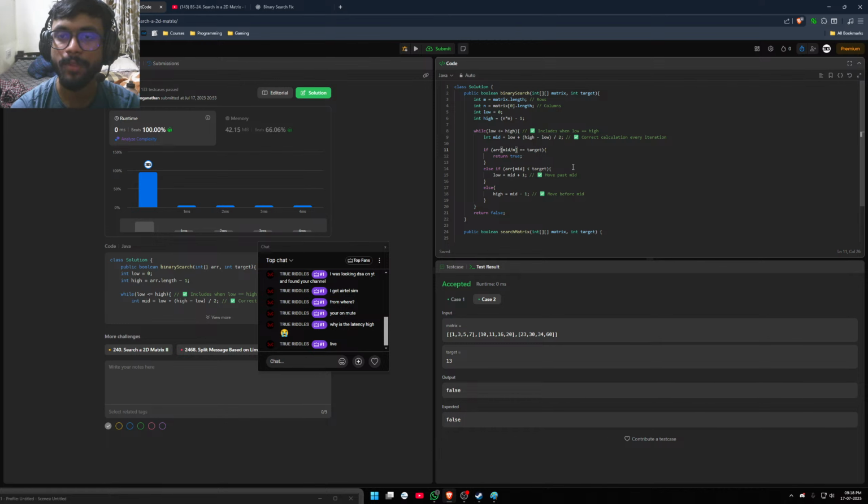By m. M is rows, right? And for the columns, we take mid modulo n. I have to check this before running it. So we just copy this and paste it over here.